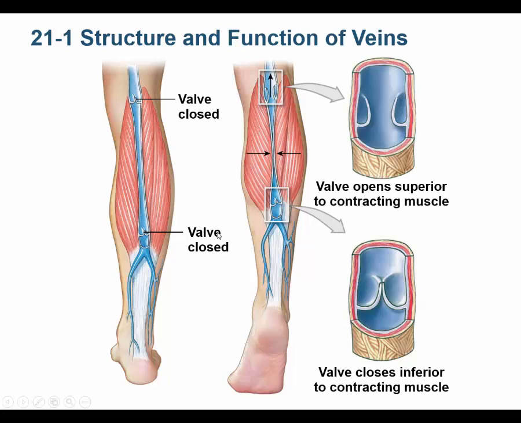Now this goes back to Starling's law of the heart, what I talked about in the heart chapter. This is just one example of many things that happen peripherally. What happens peripherally is all of this blood from the capillary beds is entering venules and veins and returning to the heart. And especially below the heart, it's going against gravity. Well, how the heck does that work? There's no pump behind the veins.